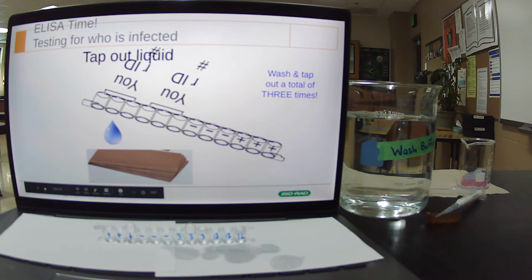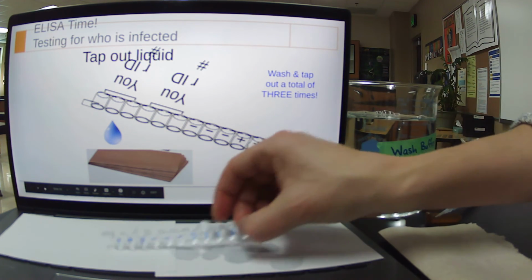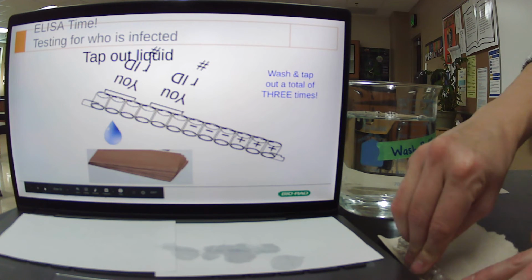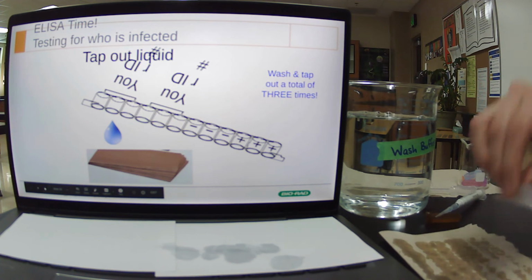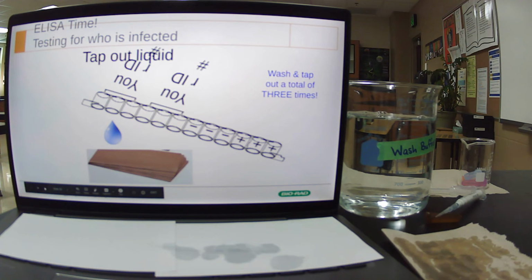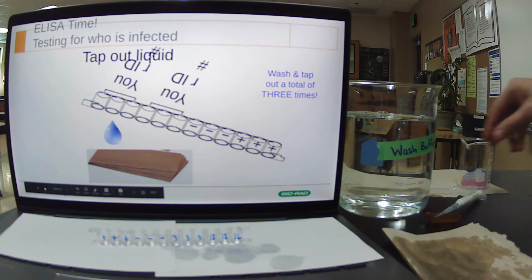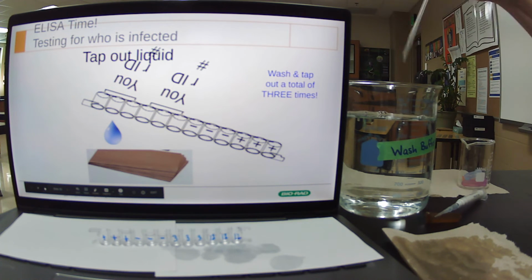All right, clean paper towel for my tapping out. And one final wash with this buffer solution.